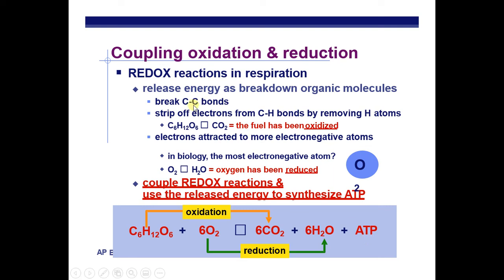Think about, like we showed on the last slide, glucose going to carbon dioxide, right? The fuel, glucose, has been oxidized into carbon dioxide. Same thing as when you burn wood, it turns into carbon dioxide and ash. The electrons we've removed have reduced another carrier molecule, because, like we'll see, those carrier molecules are more electronegative and will accept those electrons.